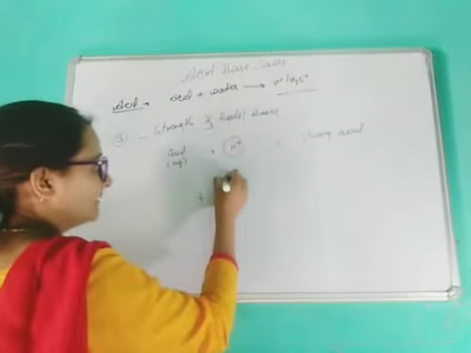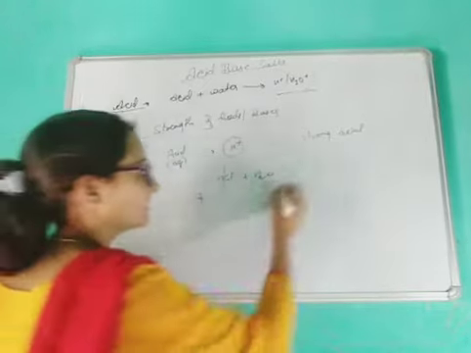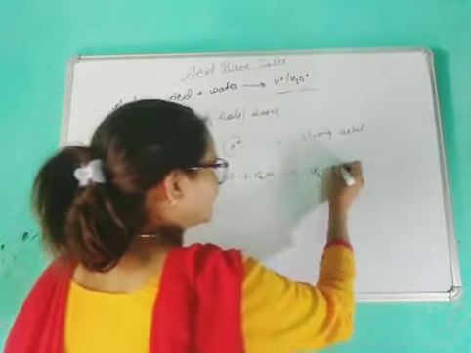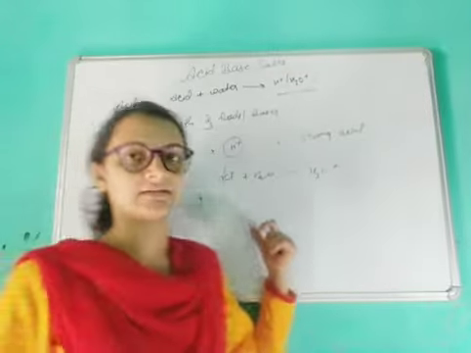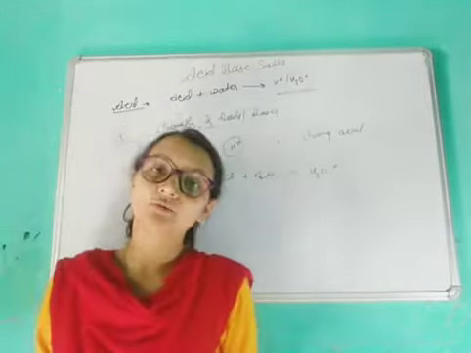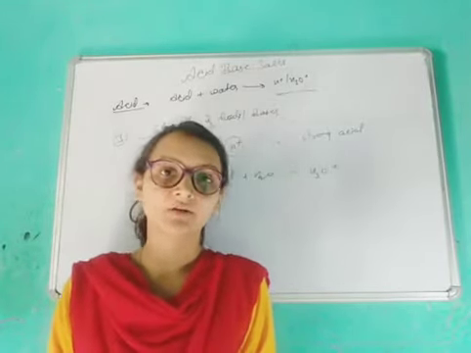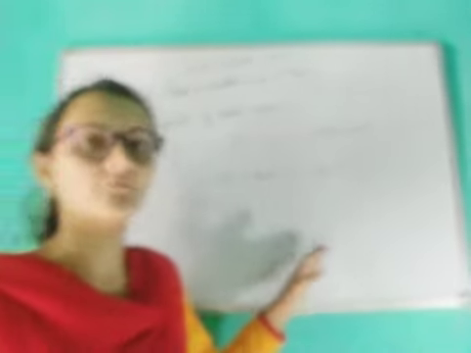For example, HCl dissolved in H2O completely dissociates and forms H3O positive ions, so it's a strong acid. And those acids which partially dissociate will be weak acids.